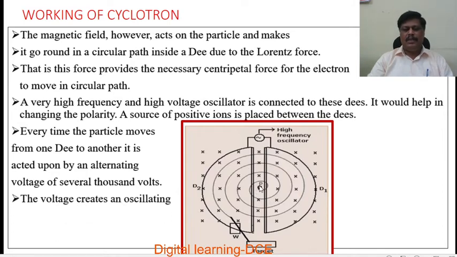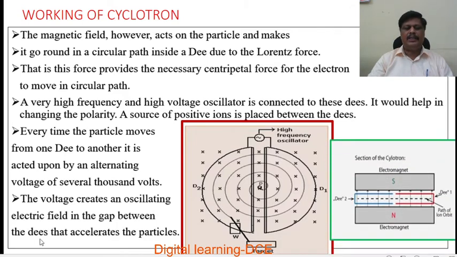Every time the proton or positive ion is accelerated, a high frequency strong electric field or potential is applied. Alternating voltage of several thousand volts is applied between the two Ds. The voltage creates an oscillating electric field in the gap between the Ds, and that accelerates the particles.